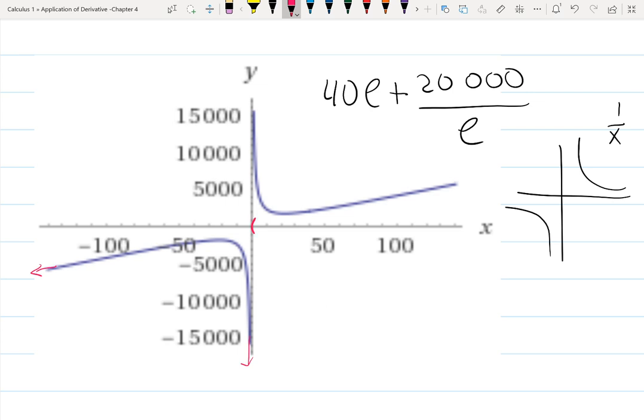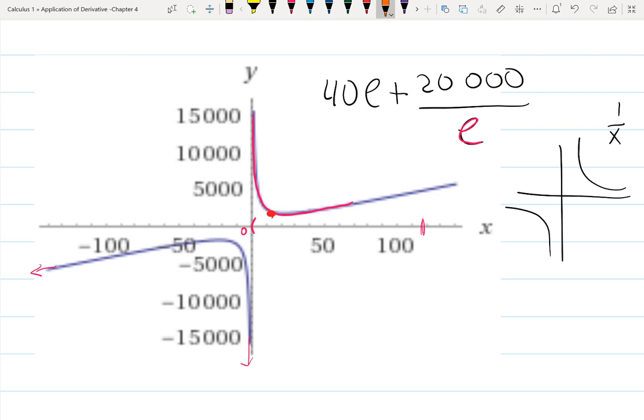We cannot have 0 for our length or width, or else we're going to have division by 0 for both cases. And there's definitely some kind of maximum value we could find if you really want to. So we're working only from here to some maximum value. The most important part is that it did reach its minimum somewhere over here.